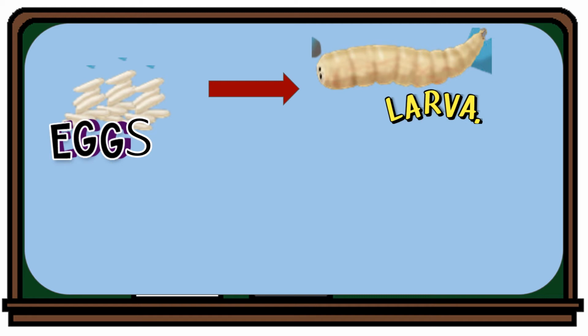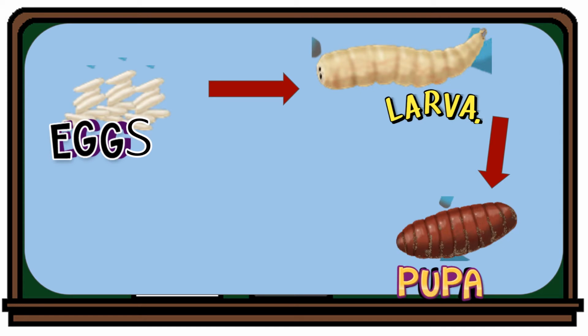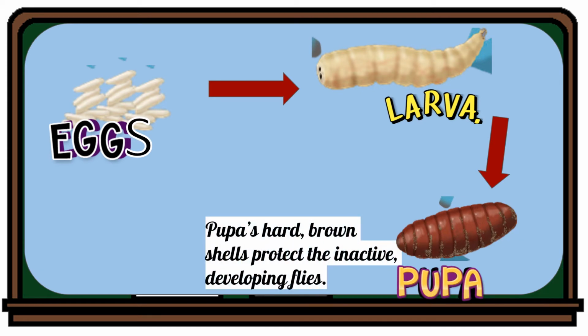After the second stage, which is the larva, the third stage is the pupa. The pupa's hard brown shells protect the inactive developing flies.